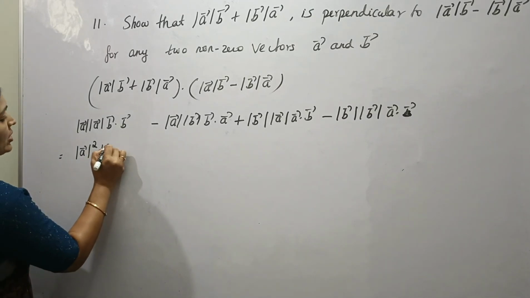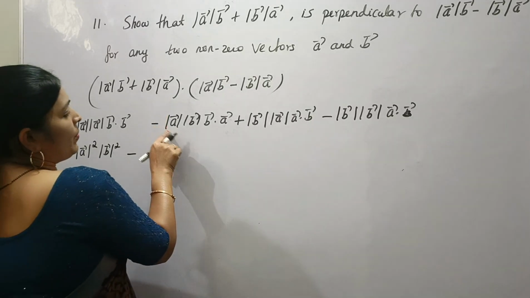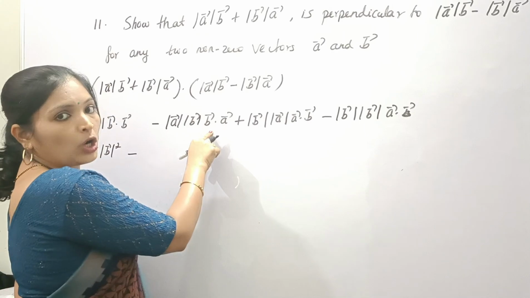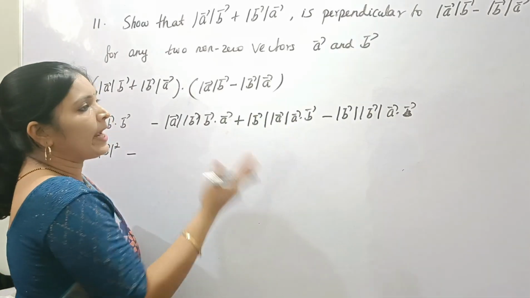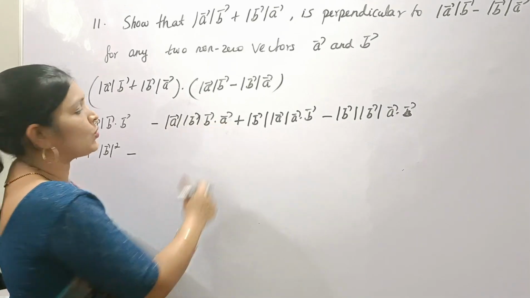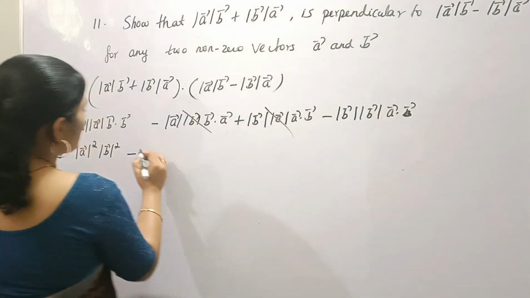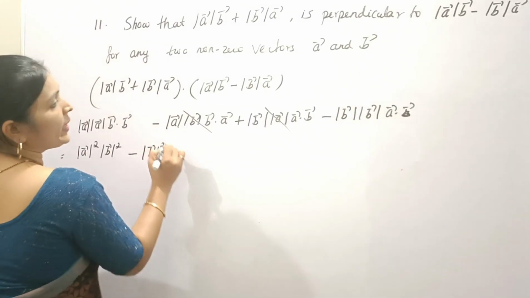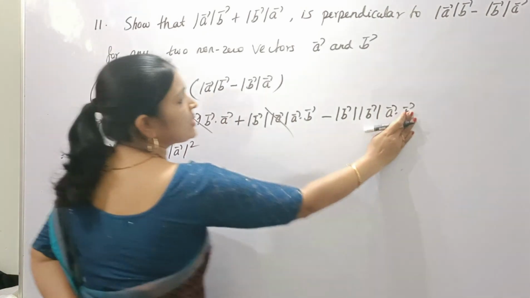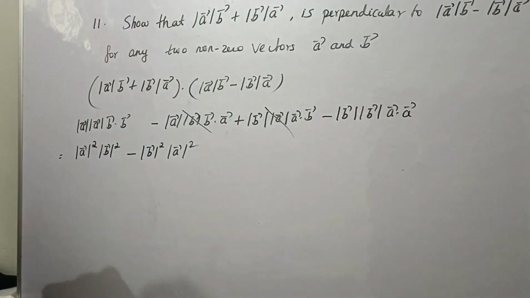So modulus vector B square minus, here see, modulus vector A into modulus vector B, vector B dot vector A. We know that vector A dot vector B is equal to vector B dot vector A, and since the signs are plus and minus, they cancel, right? So the next term is minus modulus vector B square into modulus vector A square, because vector A dot vector A is modulus vector A square.